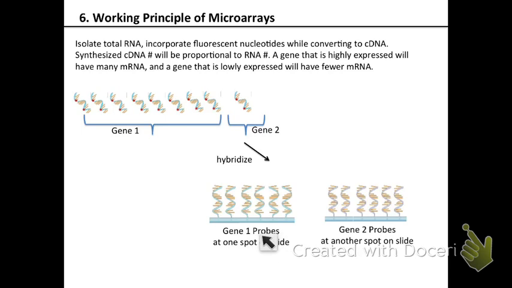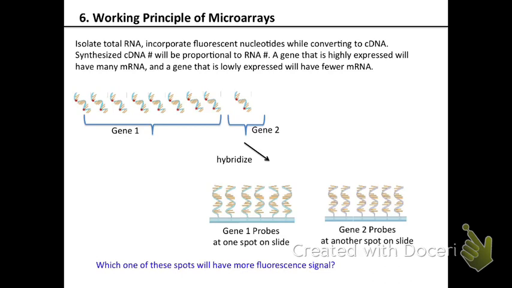So we call these gene 1 probes at one spot of the slide and gene 2 probes at another spot of the slide. And because you manufacture these microarrays, you know which spot corresponds to which gene. Okay? All right, so you hybridize your labeled nucleotides.